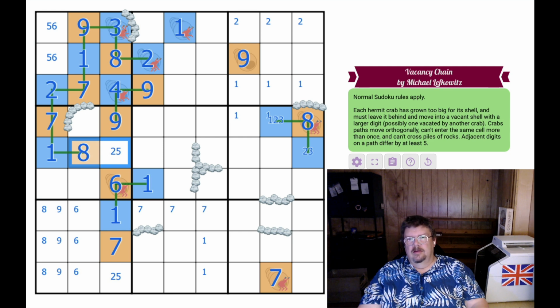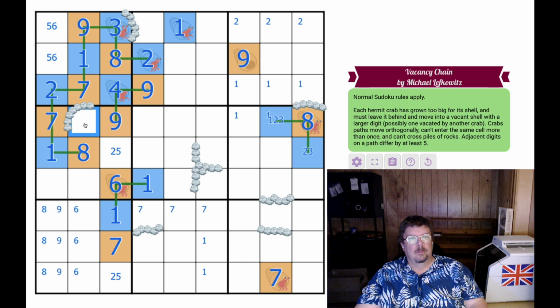If it did that, then that would be 2. This would have to be 7, and then that could not. Yeah, 7 has to go next to 1 or 2. So no, it doesn't do that. But it definitely does this or this. It could be a 3 if it goes that way.